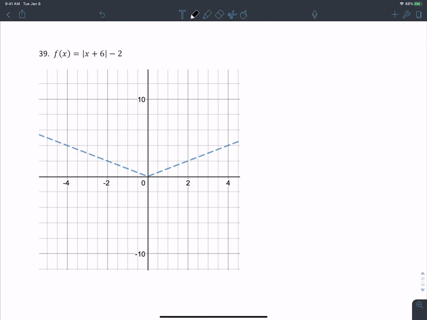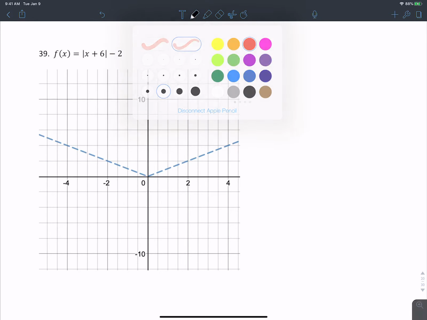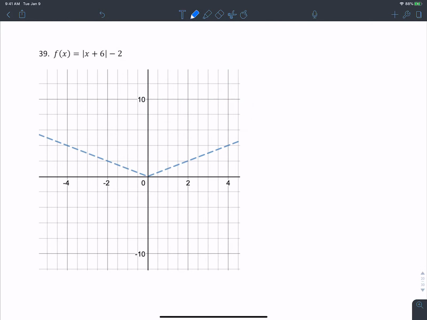This is the absolute value curve. This is why I have that reference for absolute value. Now, again, you have plus 6 here. That's that plus k value, right? This is k.